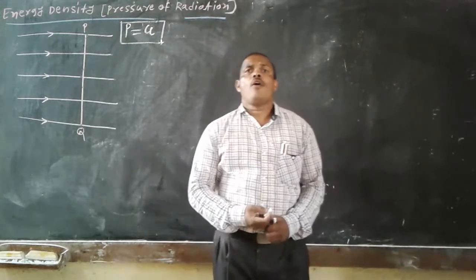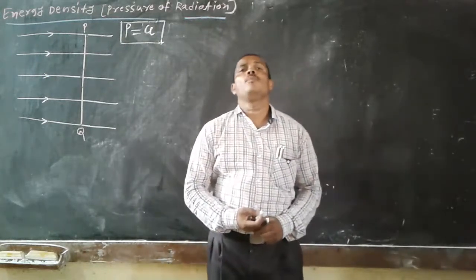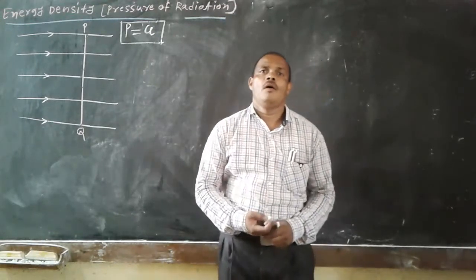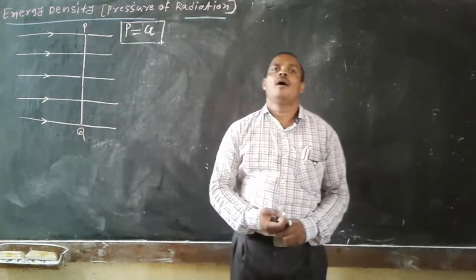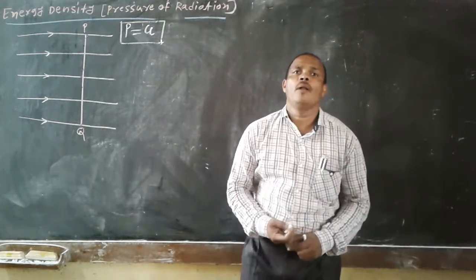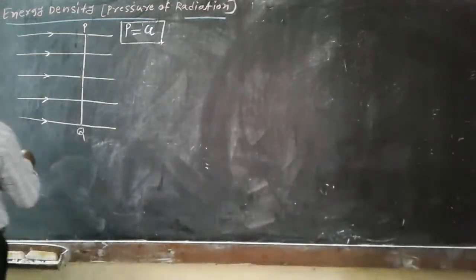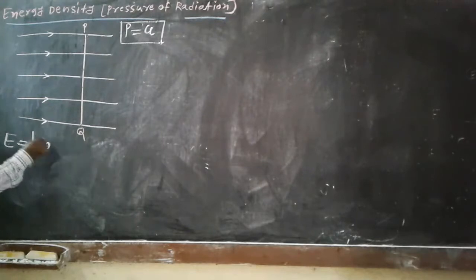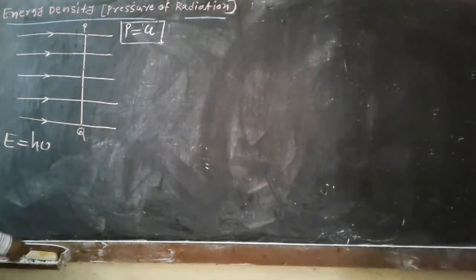So according to Planck's quantum theory, radiations consist of photons. They are called quanta, and the energy of the photon is given by E equal to h nu, where E is the energy of the photon, h is Planck's constant, nu is the frequency of radiation.